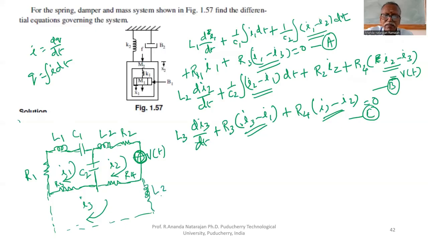We can draw L3 here. R3 is between the third loop and first loop, already drawn. R4 is between the second loop and third loop. That's all. This is the electrical analogous of the given mechanical system, the force voltage analogy.